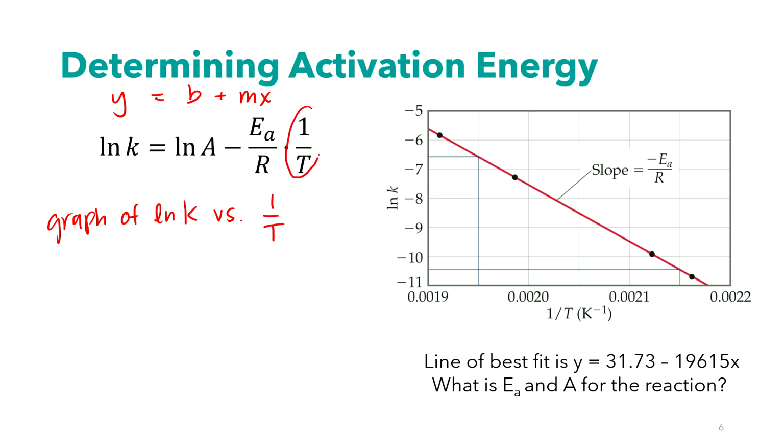And I'm going to graph 1 over T as my x, which means that my slope is negative EA divided by R. That's my slope, and this is my intercept.